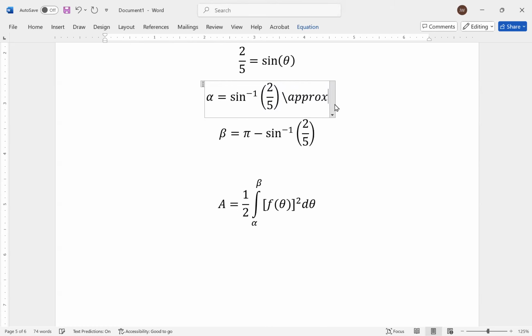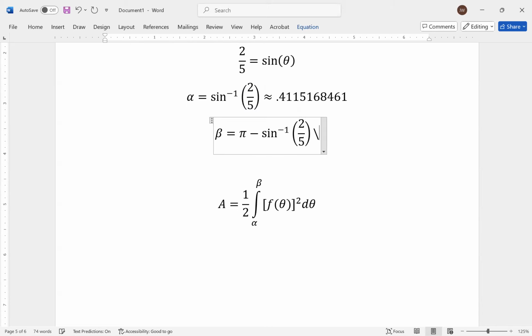Some people would use their trace feature. And if you are using your trace feature, don't just round to 2 decimal places, round to as many decimals as they'll give out. So if you wanted to use the exact value or if you wanted to use the decimal version, both are okay.